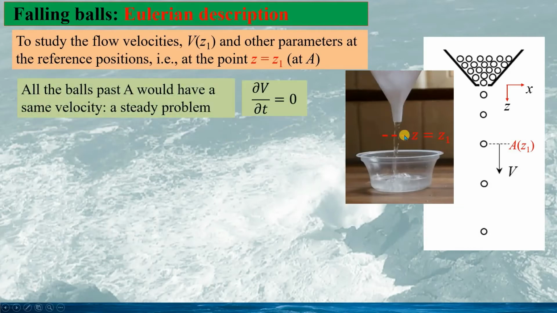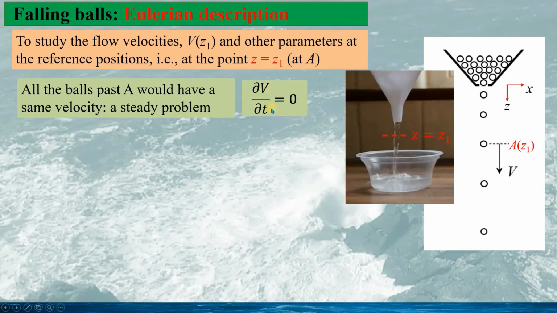So obviously, whenever the ball or the water passes the reference point z equaling z1, the velocity is always the same. This means the velocity at the reference point is a constant independent of t.